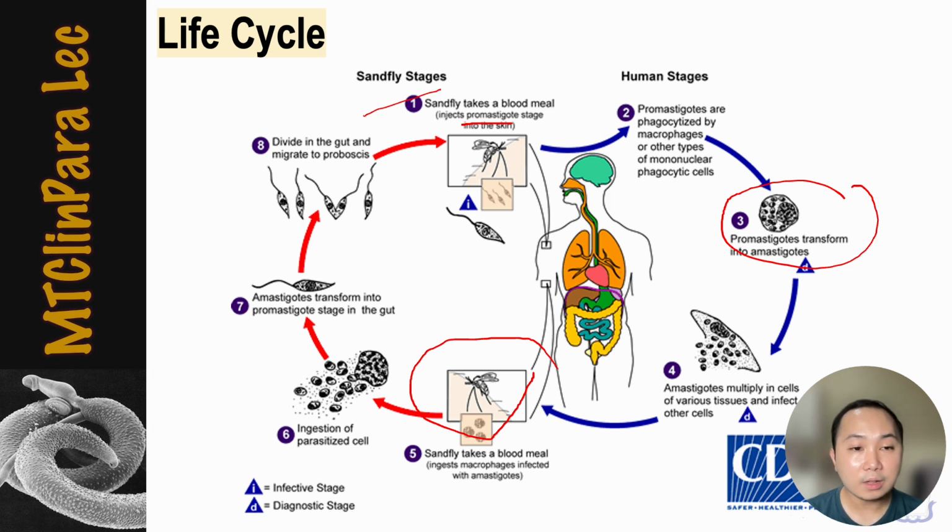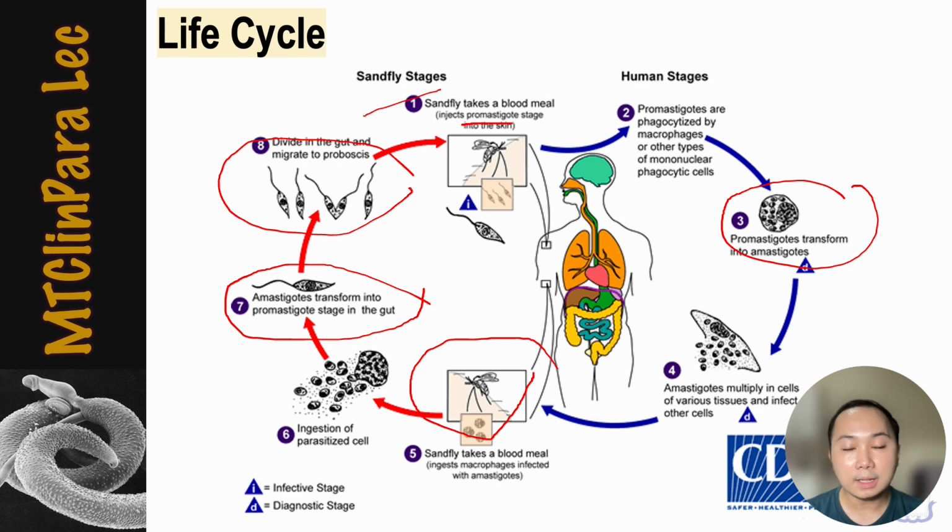Inside the vector, the amastigote will transform into a promastigote again and eventually divide and migrate to the proboscis, or the mouth of the vector. The cycle continues once the vector infected with promastigote takes a blood meal from another susceptible person.